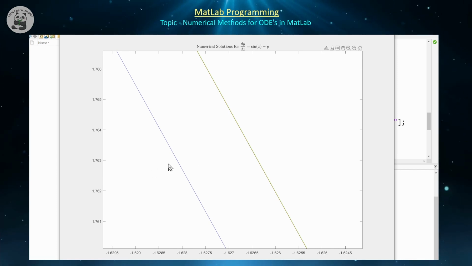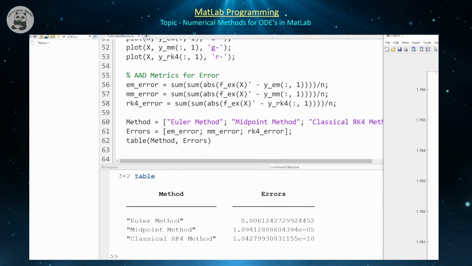Because keep in mind our exact solution is plotted in black, and the green and the red are sort of hiding in this realm. So blue is definitely off, but generally speaking, if we look at our exact values, it's not too off.